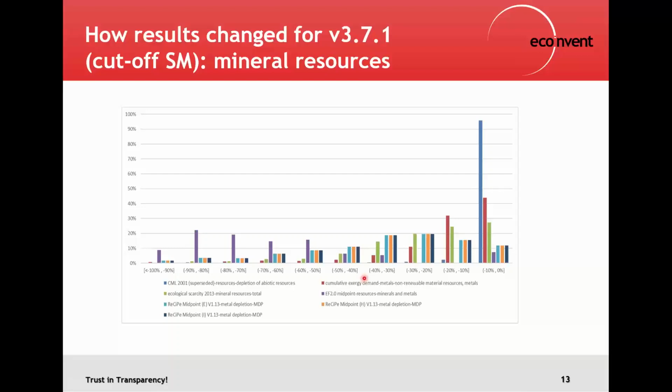The most dramatic reductions are observed when using the EF 2.0 method, and here we can go up to 90% reduction concerning 20% of the database. We were using EF 2.0, not EF 3.0, in this calculation.